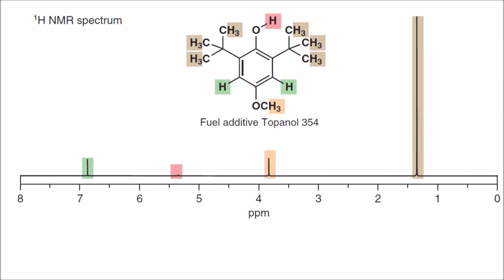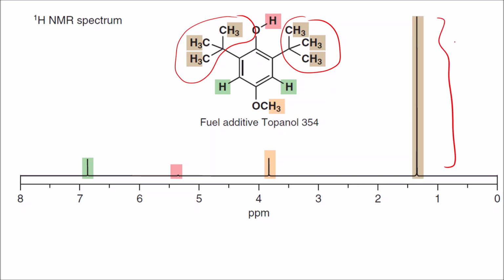Similarly, in this other example you can see the brown one, 9 plus 9, 18 protons. Suppose this is 18 centimeter height for 18 protons. Compared to this, the orange one is a signal for 3 protons, it is shorter.